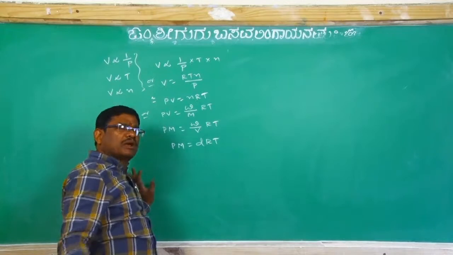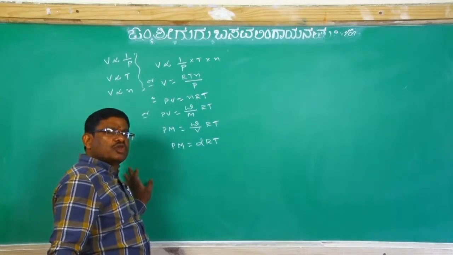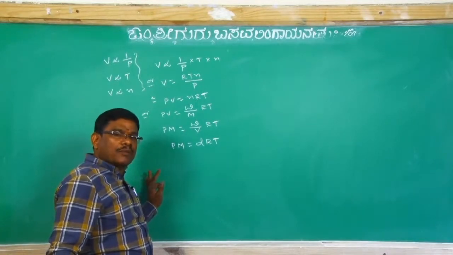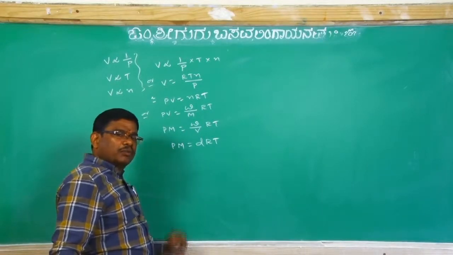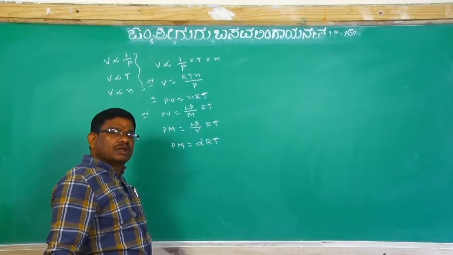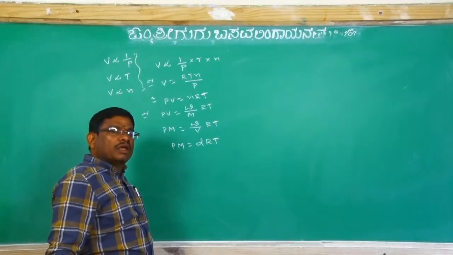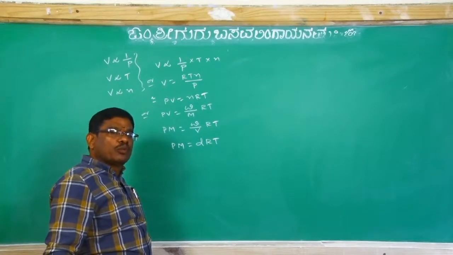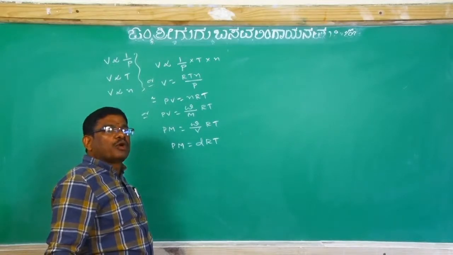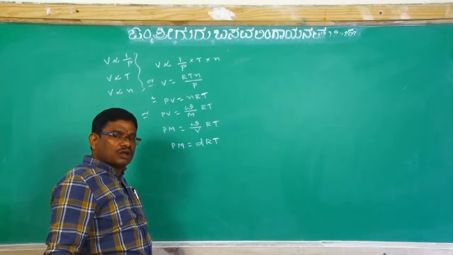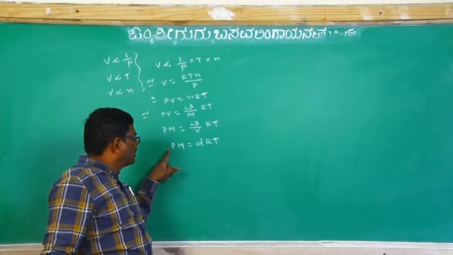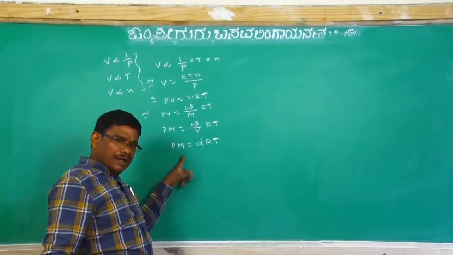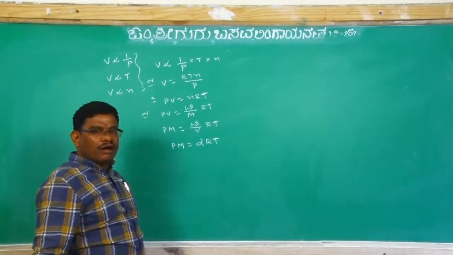In bar it is slightly higher: 0.083 liter bar per degree per mole. Then 8.314 into 10 power 7 ergs per degree per mole, 8.314 joule per degree per mole, or 1.987 calories per degree per mole. So those are the various R values I gave yesterday. Now, density-based: P into MW, or M, is equal to dRT.